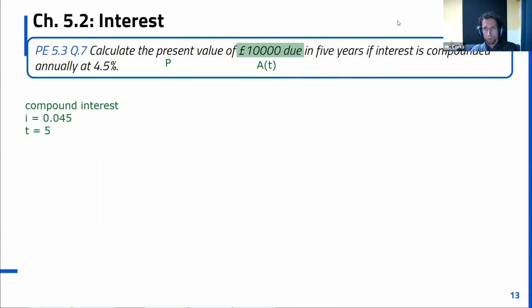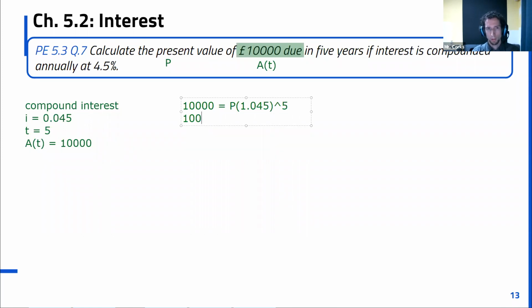All right, so given that, we can go to our formula. A_T is equal to 10,000, so 10,000 is equal to P, which we don't know, times 1.045 to the exponent 5.